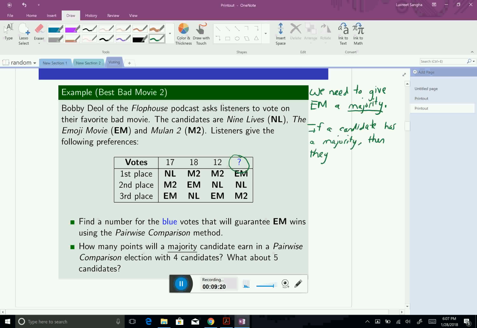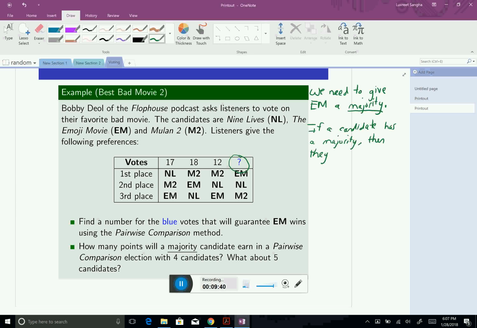And the reason for that is, if someone has a majority, meaning if they have over half of the first place votes, no matter how many votes anyone else has in all the other columns, it won't be more than what the person with the majority has, because the person with the majority already has over half.